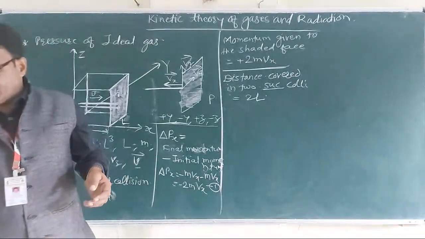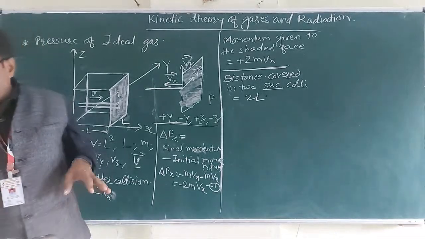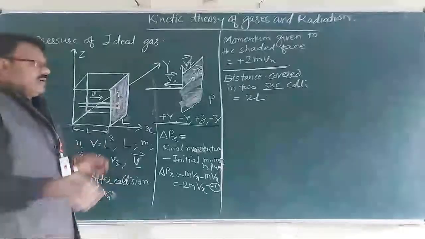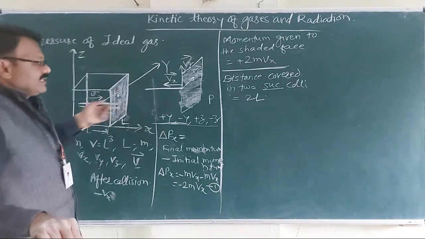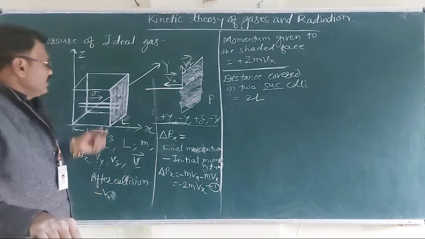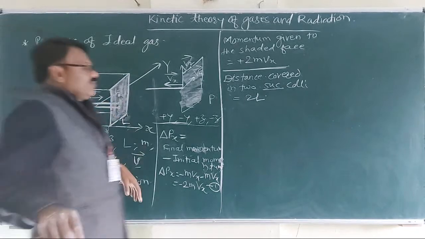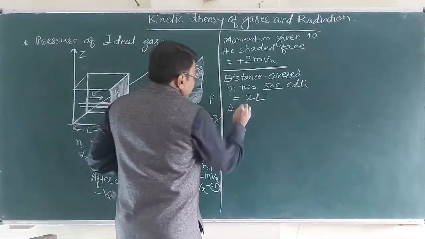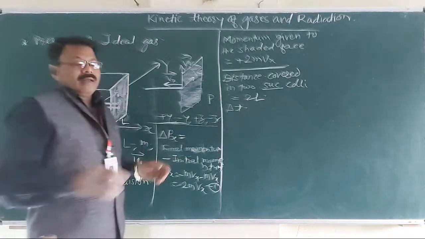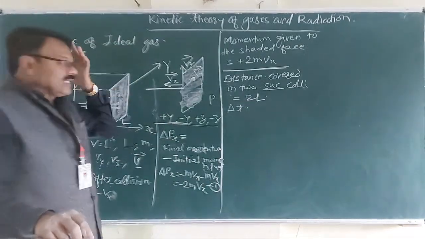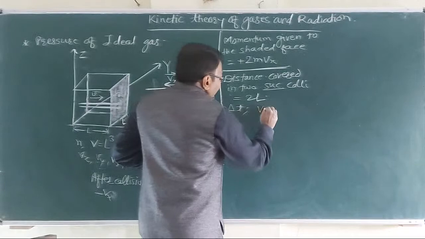The length of the cubical box is L, therefore it covers two times this distance, which is 2L. Now the time between two successive collisions is delta t. It is moving along the x-axis with velocity Vx.